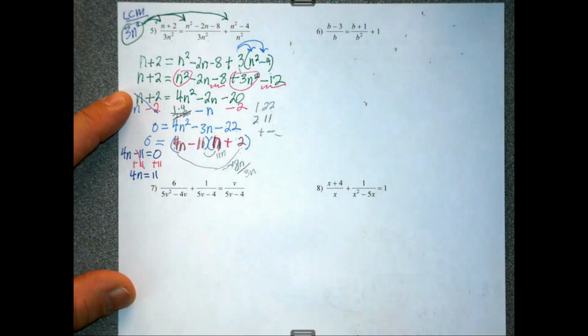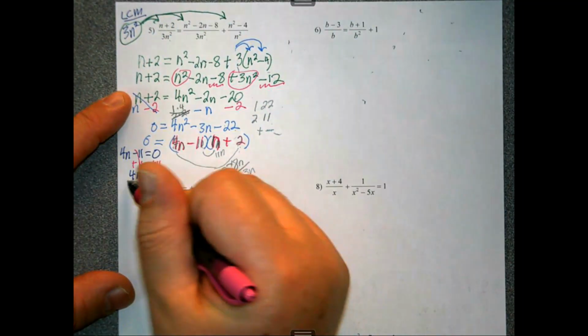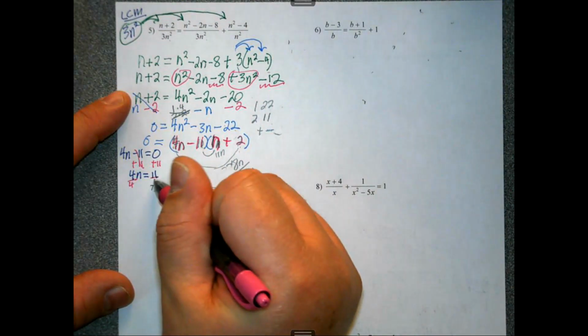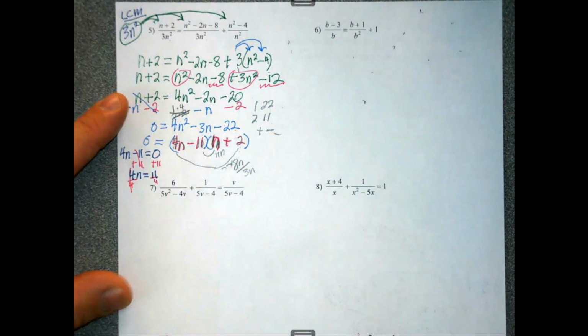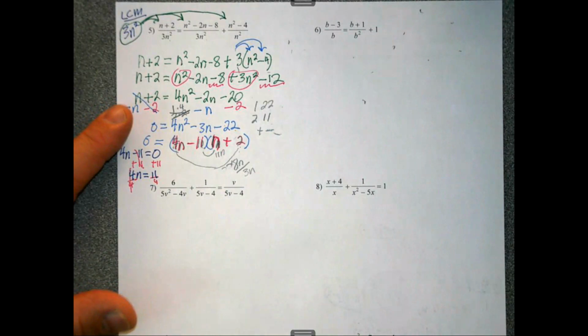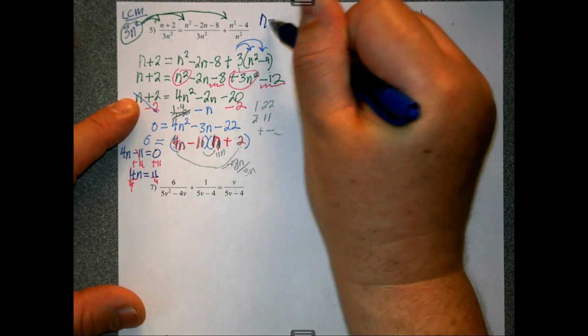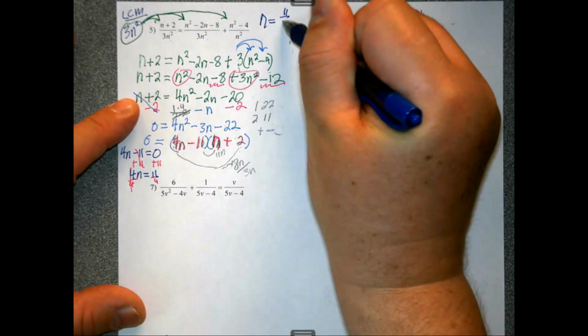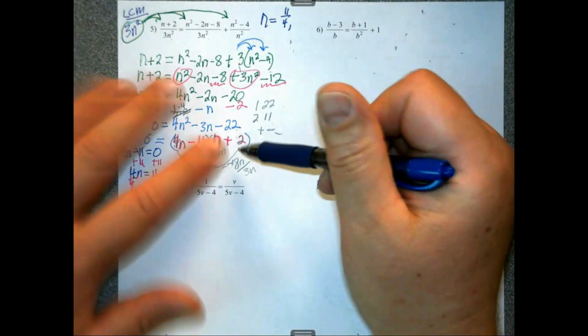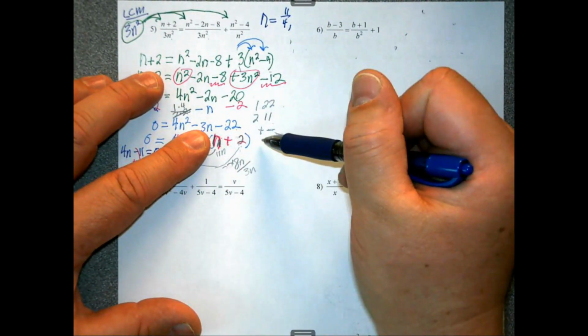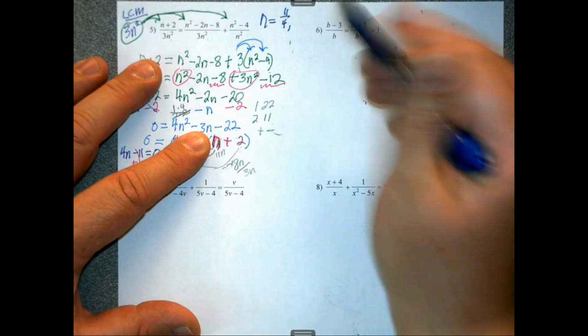Then divide by 4. So n equals 11 fourths. And then this one's easy, right? N plus 2 equals 0. So what's n going to equal? Yep, negative 2.